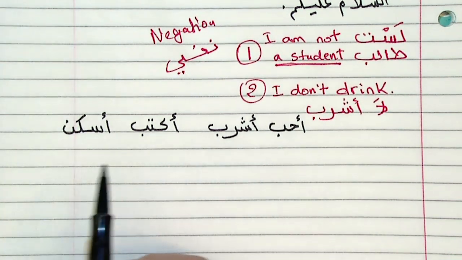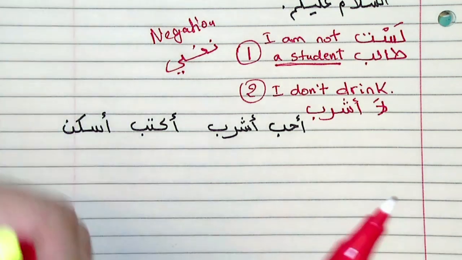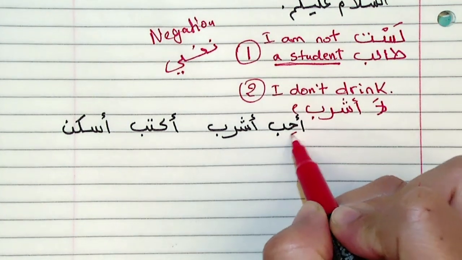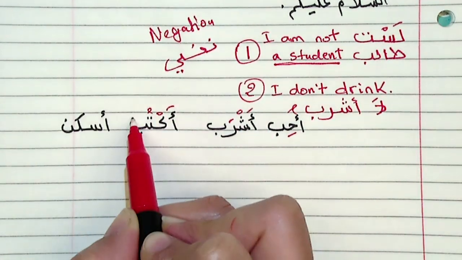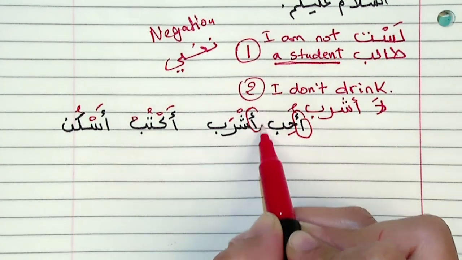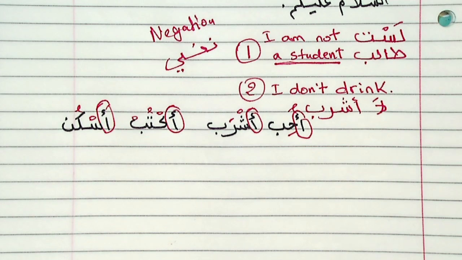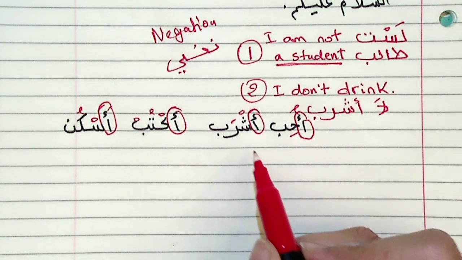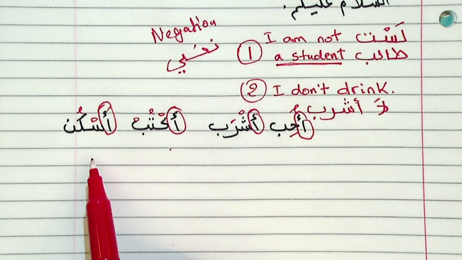So we have these four verbs: uhib, ashrab, aktub, askun. And again, we have I, and the I is part of the verb. So uhib is I love, ashrab, I drink, aktub, I write, and askun.